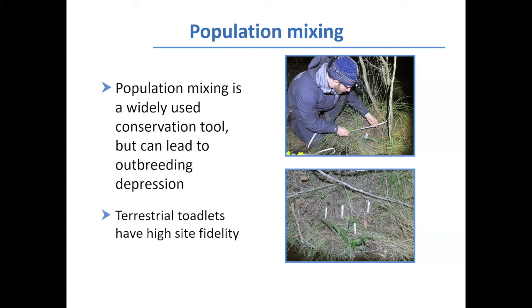Australian brown toadlets have been shown to have extreme site fidelity, with males returning to within centimetres of their previous nest site year after year, and so populations are likely to exhibit some level of genetic divergence.